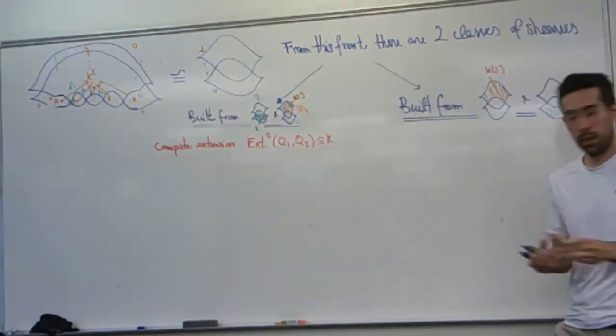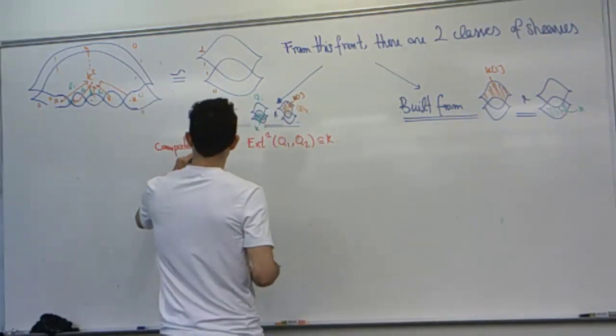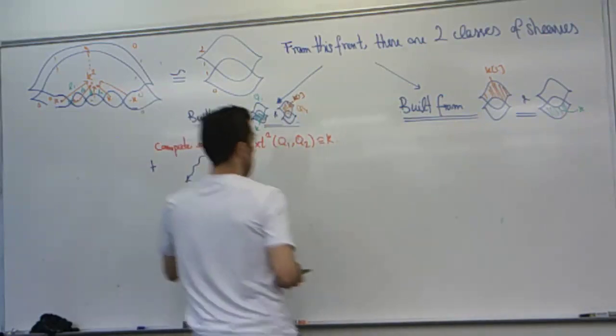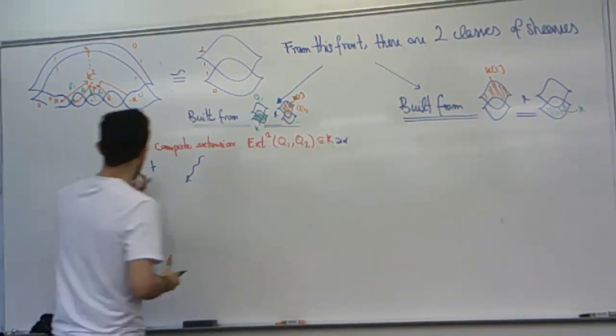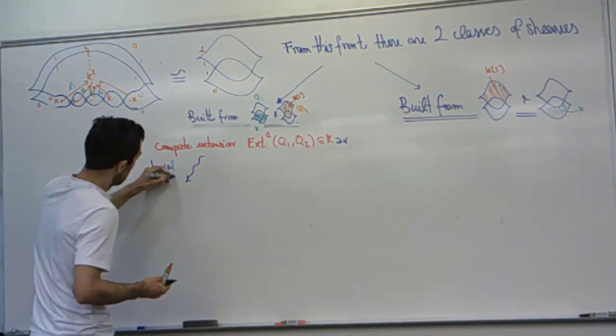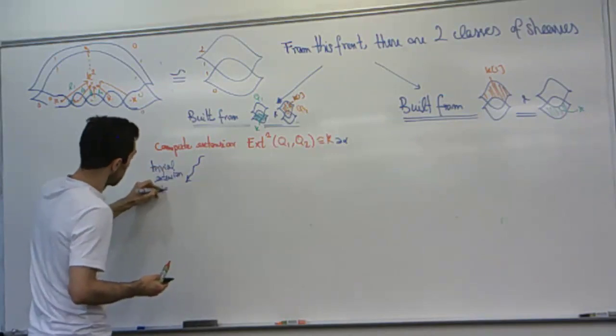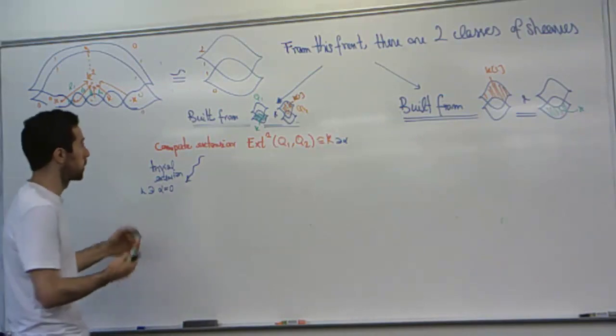Are we good here? And you can think of this as two cases. K here means there's some factor alpha in here, some number. So the trivial extension is the one that corresponds to alpha equals 0, so the scalar being chosen to be 0. And that literally gives the direct sum.